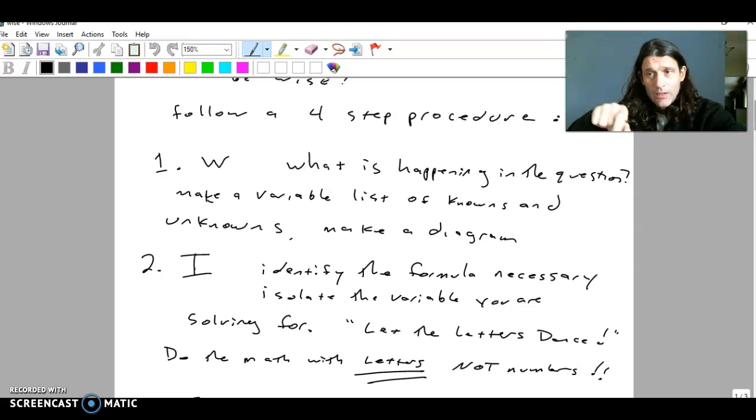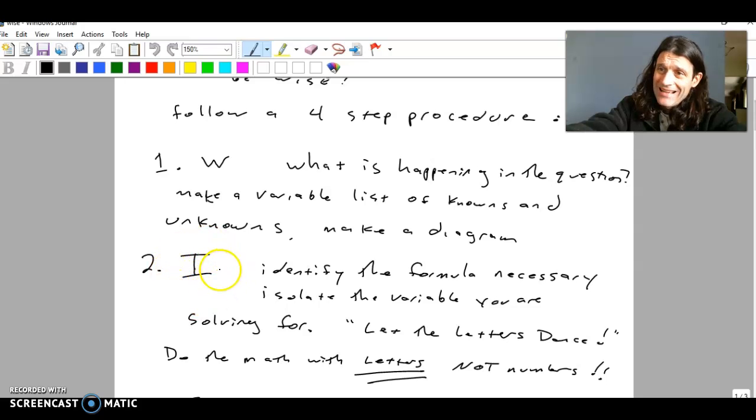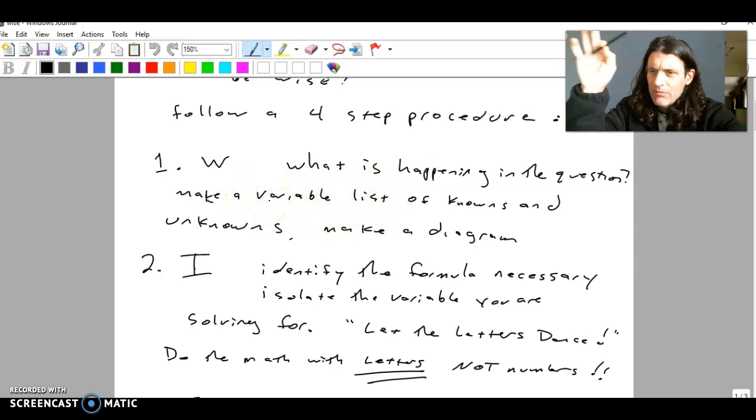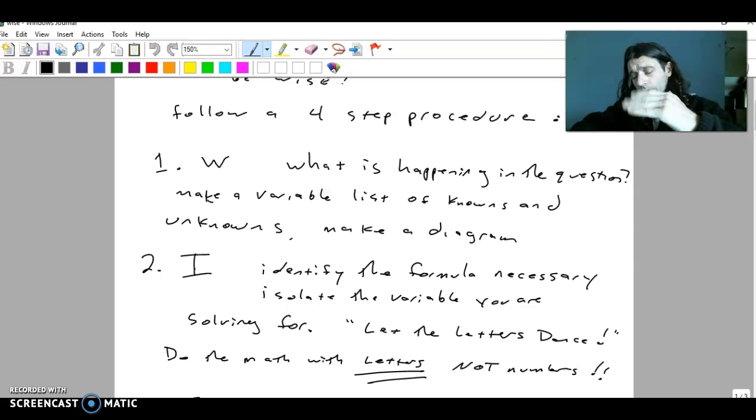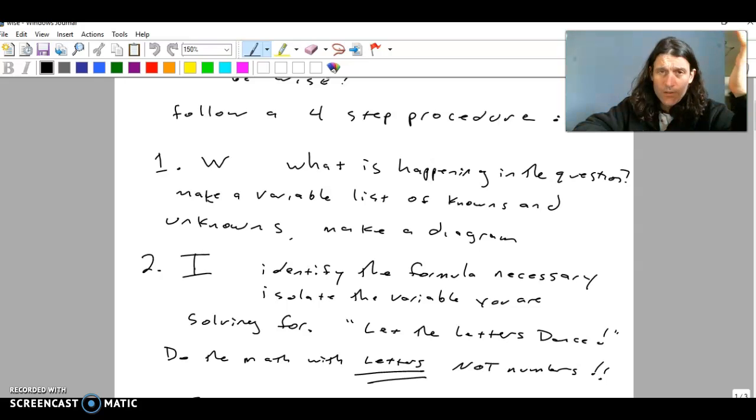Now, what will help you identify the correct one is looking at your variable list that you so diligently made in the W step. That W is when you will be listing xi's, xf's, vi's, vf's, whatever, all those variables. So you're going to have everything you know and everything you don't know. That will certainly help you identify what formula you're going to need.